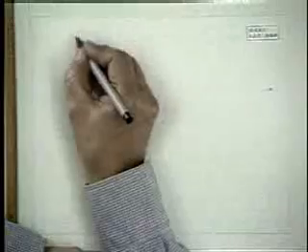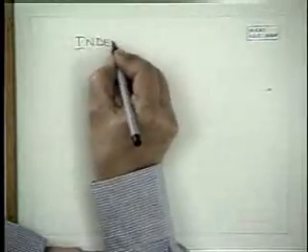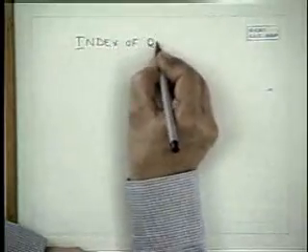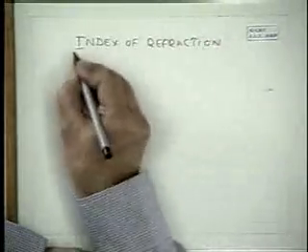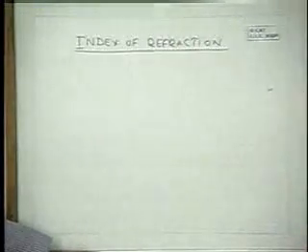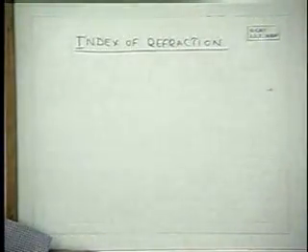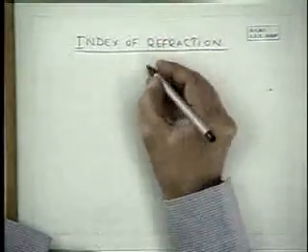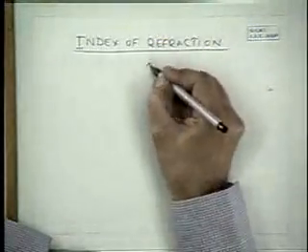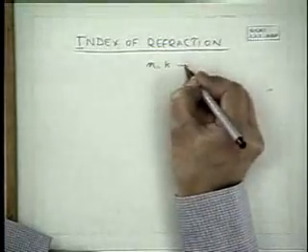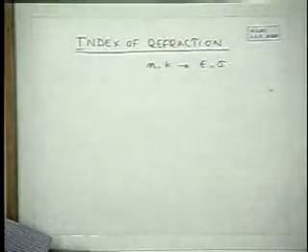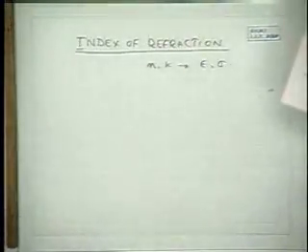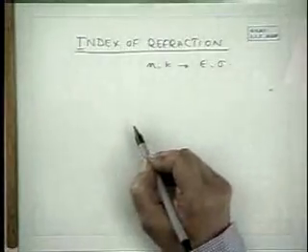Now, if we look at the index of refraction, what I want to do next is try and find what n and k are in terms of epsilon and sigma, the dielectric constant and the conductivity of a medium.